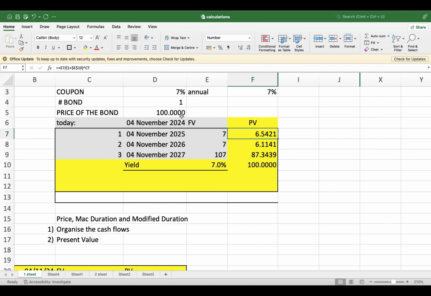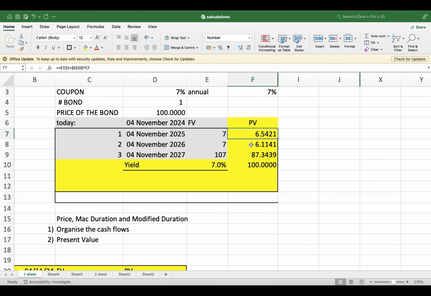Please all of you do this. You should get a figure of 6.5421, up to 4 decimal points. What it means is 7 rupees received 1 year later is equivalent to 6 rupees 54.21 paisa as of today.